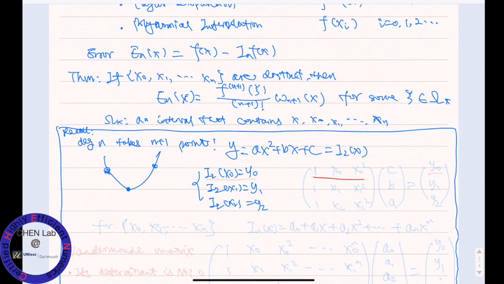Which then gives you a what? A linear system for ABC. Was that talked about last Thursday?